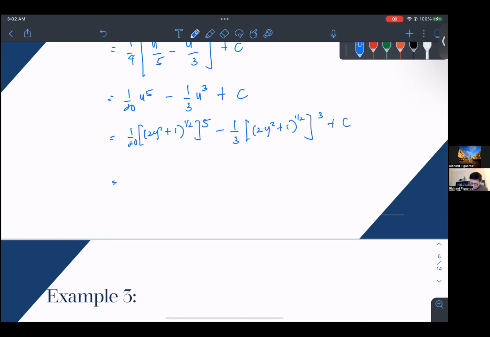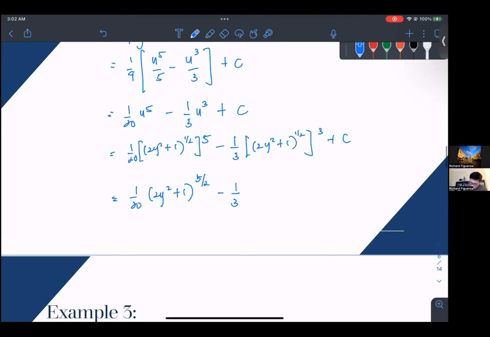Let's see. So finally, we'll have 1 over 20, so 2y squared plus 1 raised to 5 all over 2, and minus 1/3, or sorry, 1/12. So 1 over 12, 2y squared plus 1 raised to 3 over 2 plus c.